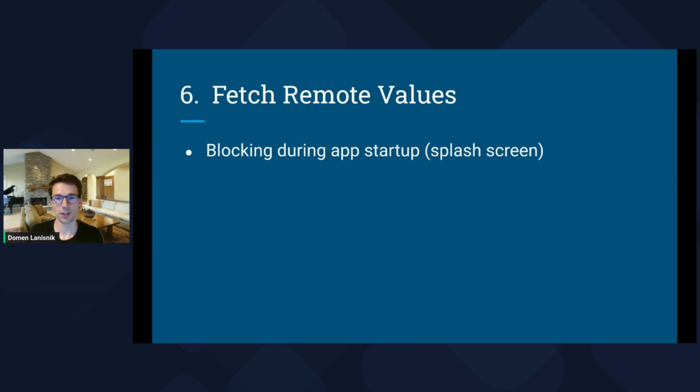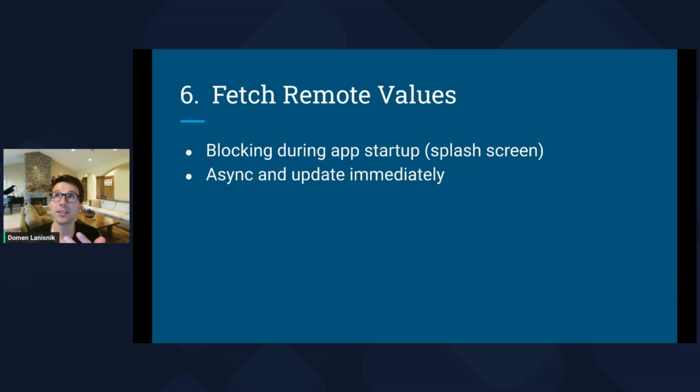And once they're done, you can then show the UI to the user. This way, the latest values are available immediately in the app. The other option that you have is you can fetch them in an asynchronous way and then update the UI as soon as the values are fetched.